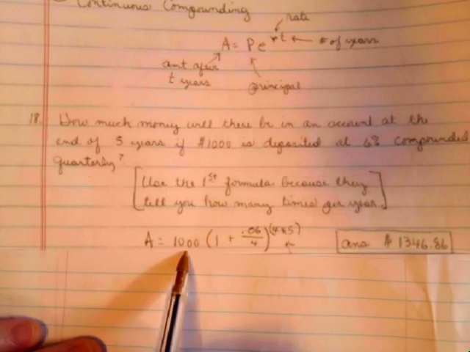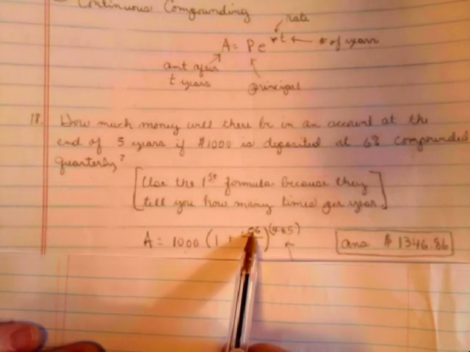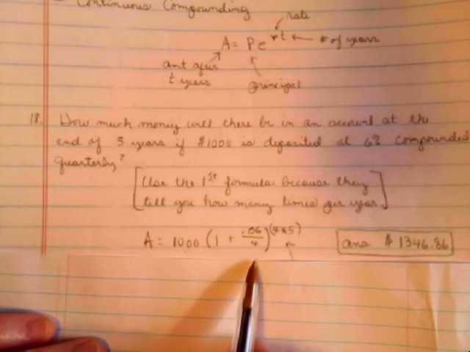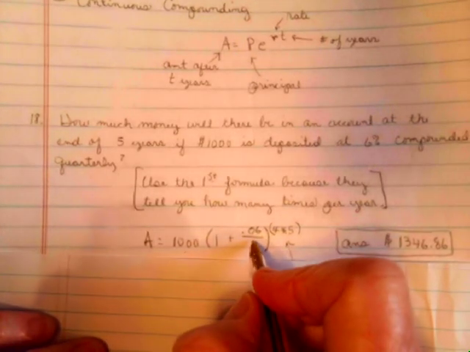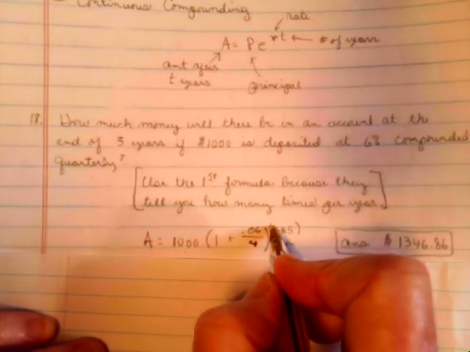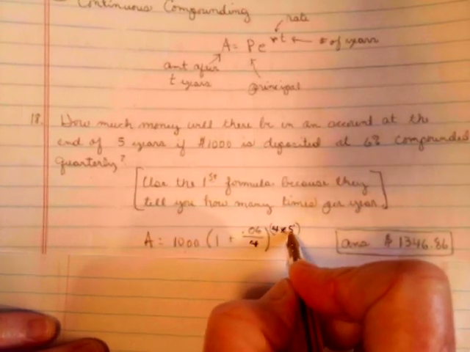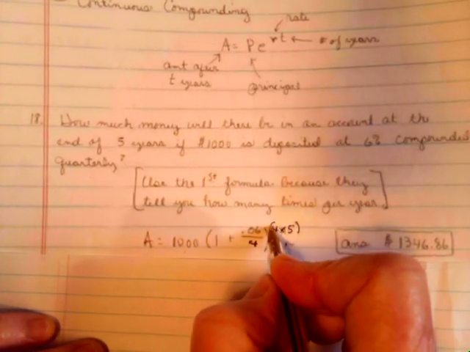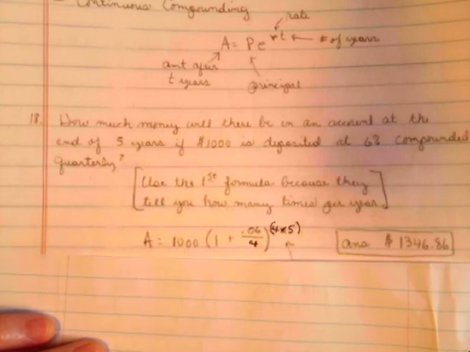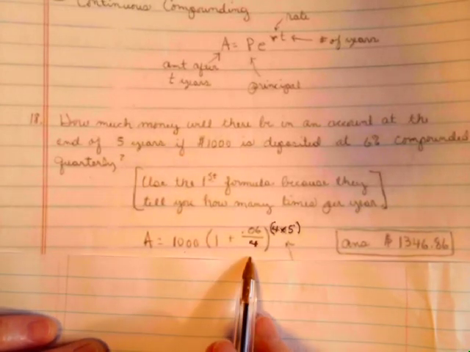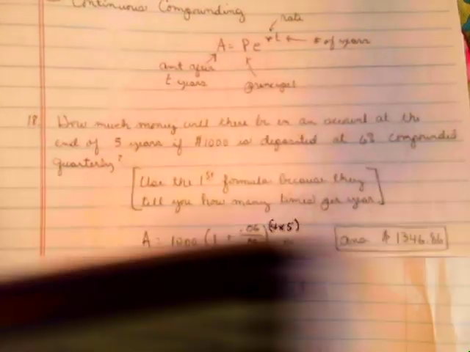I'm going to substitute 1,000 for the principal, 0.06 for the rate. 4 goes in both of those places where I have those Ns, and it's for 5 years, so that's 5 right there. You have to put your exponent in parentheses. You put that in your calculator just like you see it.